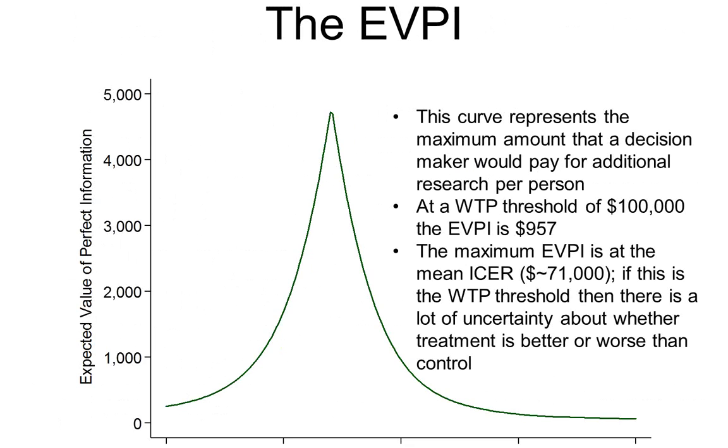So the maximum EVPI is at the mean ICER. Remember, our mean ICER was $71,000, and that's where this curve reaches its peak. And that's because below that, we would choose one intervention. Above that, we would choose another intervention. But it's at that peak where we're really the most uncertain about whether treatment is better or worse than control.